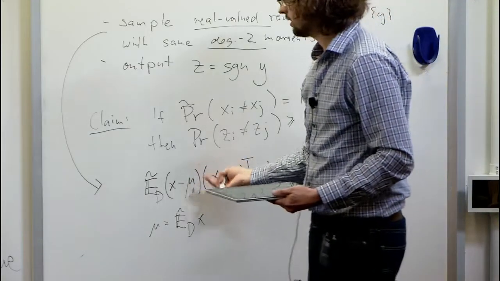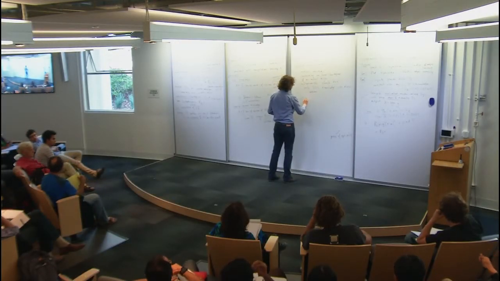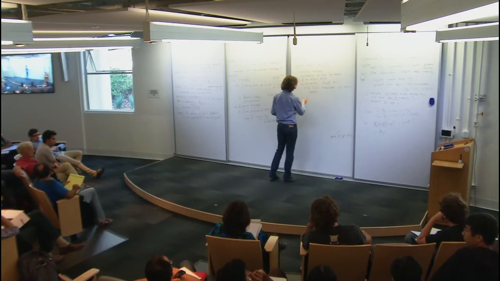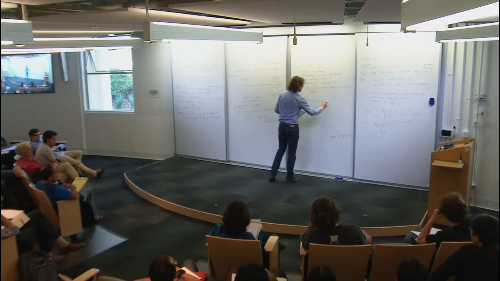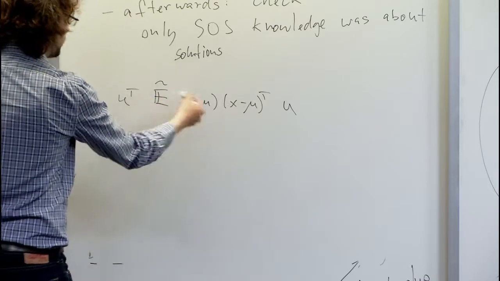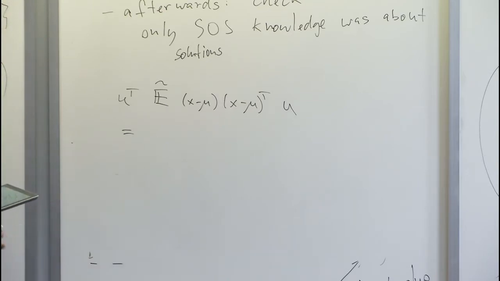But because it's a pseudo distribution, we should verify it. So now let's look at any vector u, and look at whether the quadratic form, if you plug in u, is non-negative. Now this pseudo expectation behaves exactly like you would expect from an actual expectation using this definition.